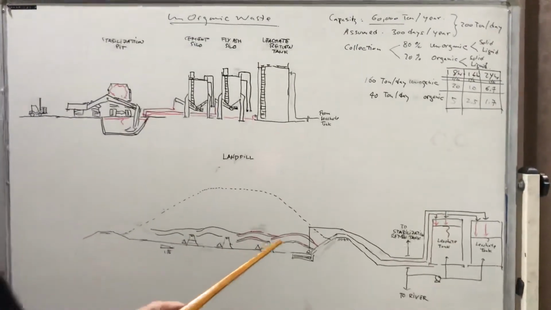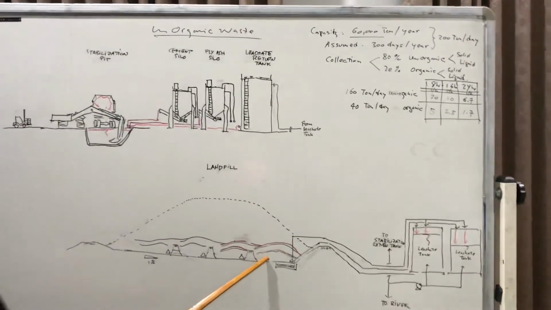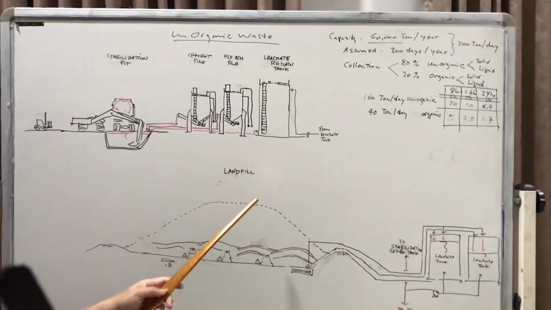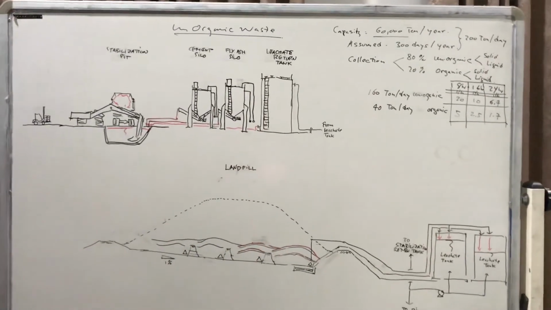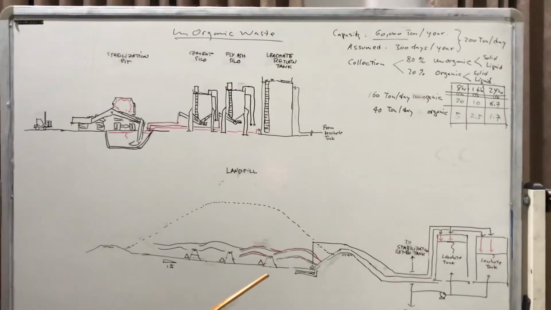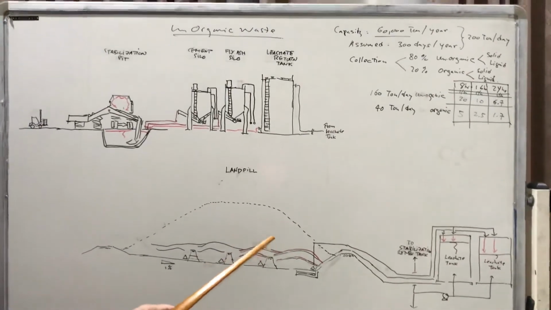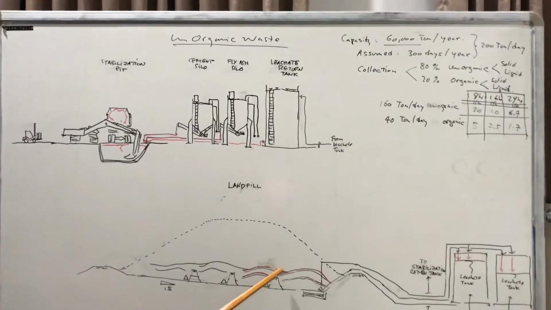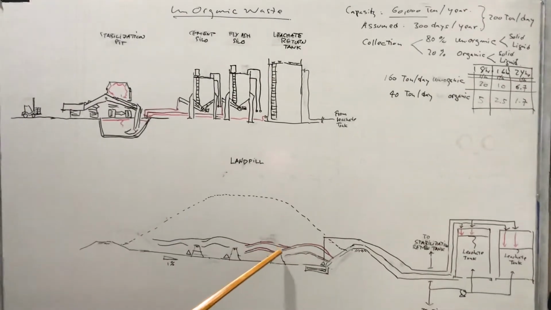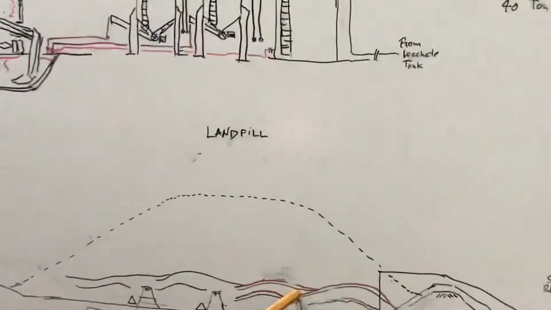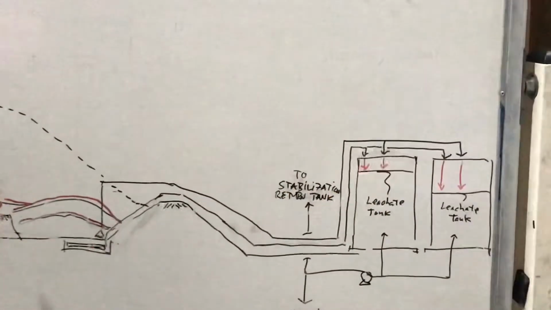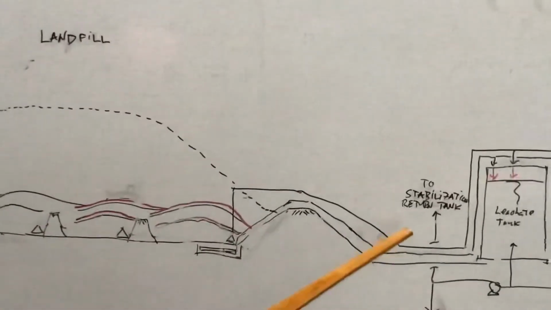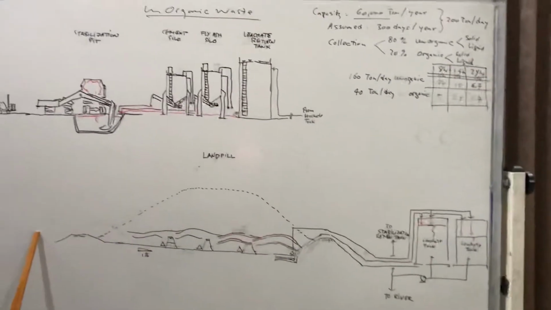So if you run the landfill, the possibility of rain is high. So you have to assume that all the rain caught in this area shall be transferred to this tank, so you don't contaminate the surrounding of the landfill area.